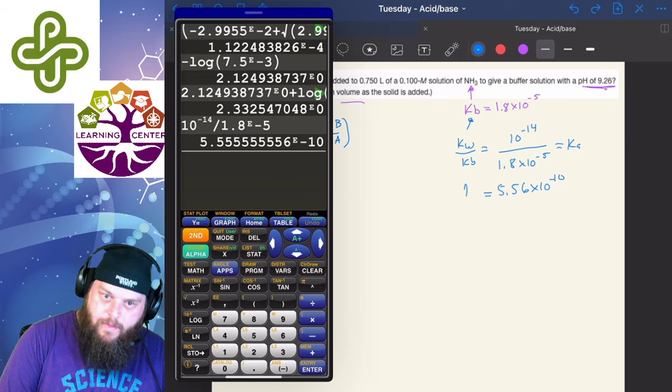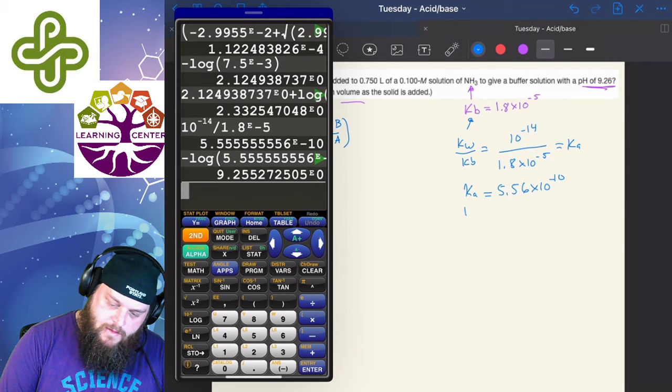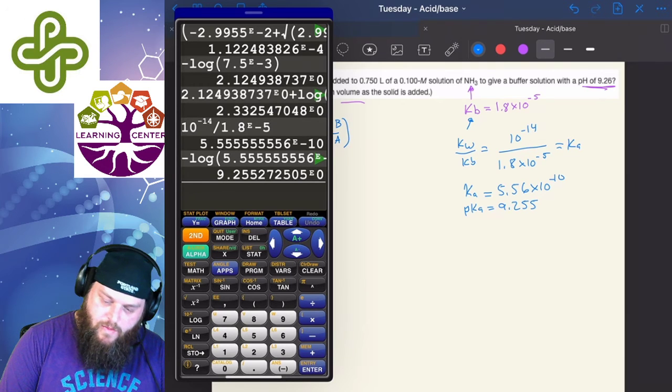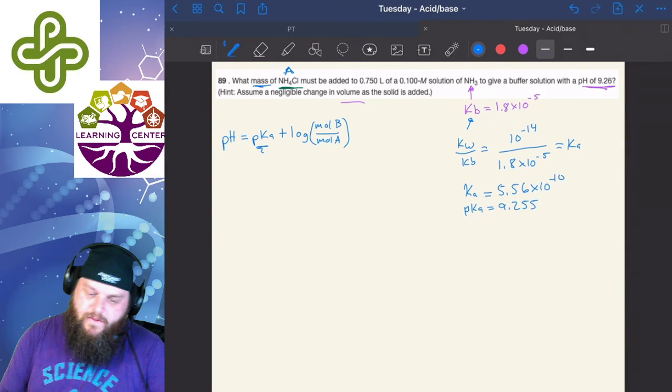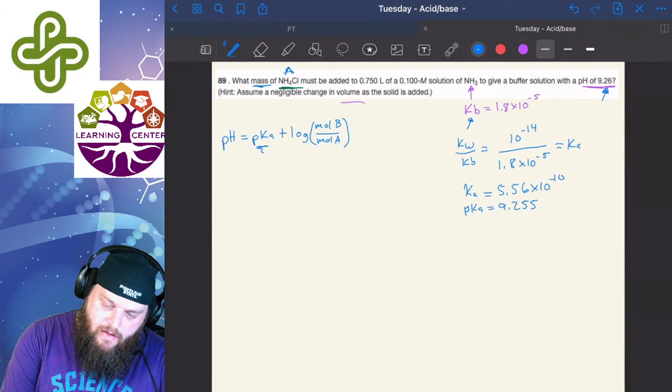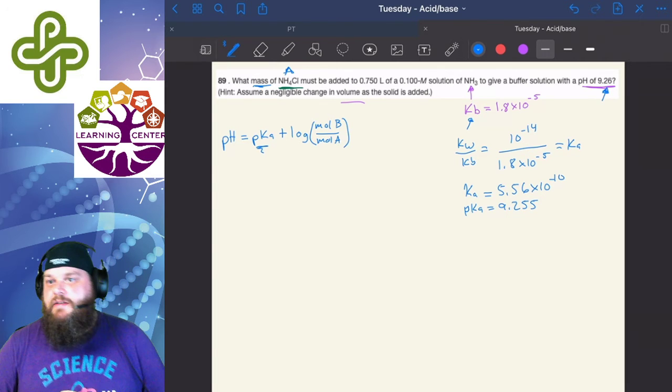To find our pKa, we have to take the negative log of that value. So that means that pKa is equal to 9.255. I went one more sig fig on this one, because if I rounded it to 3 sig figs, I'd be at the same value as the pH. And right away, I would say we have an equal number of moles of base to moles of acid.